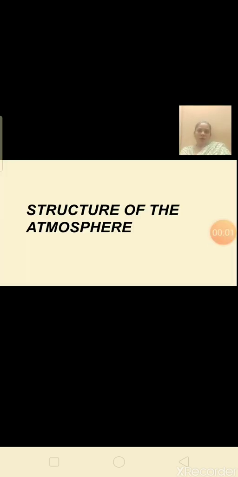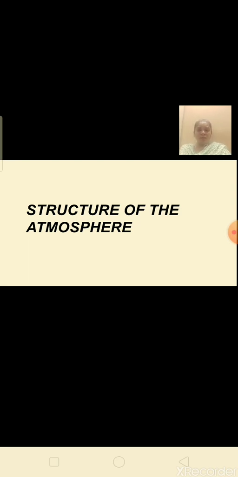Now let us move on to the last part of the video, that is structure of atmosphere. Our knowledge about the atmosphere is based on the information received through radars and satellites. The density and temperature of the atmosphere is not same everywhere.